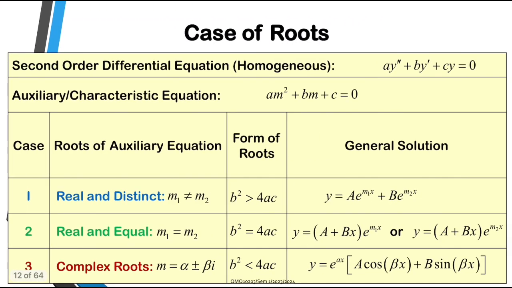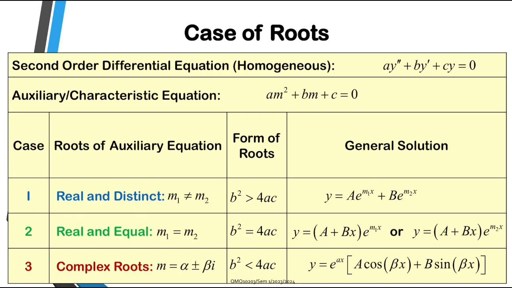Because this is a quadratic equation, there are 3 cases for the values of m. When you solve the quadratic equation, you will get either case 1, case 2, or case 3. Case 1 is when the values of m are real and distinct.